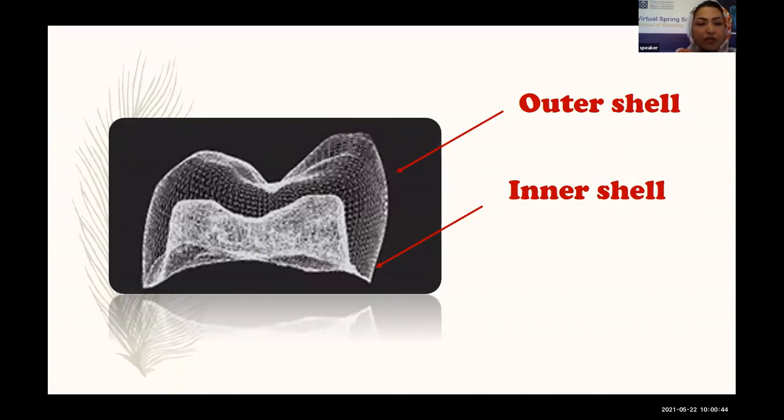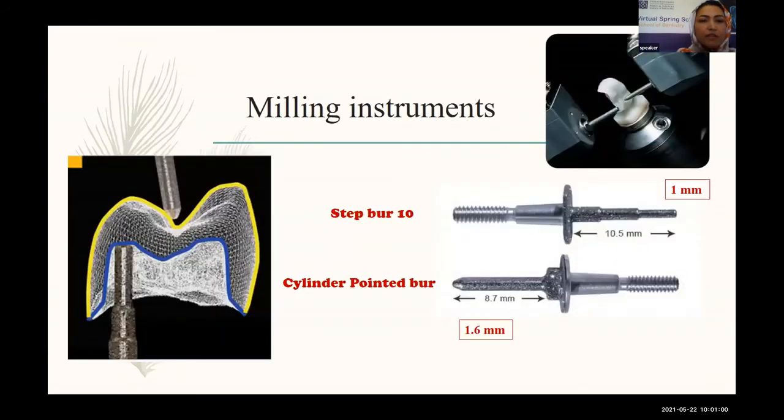Look at this image. Nearly all dental restorations have an outer and inner surface, but as you see, our preparation has a direct effect on the inner surface of the restoration. Here, you can see the milling burs. For example, the CEREC milling machine applies these burs for formation of the restoration.